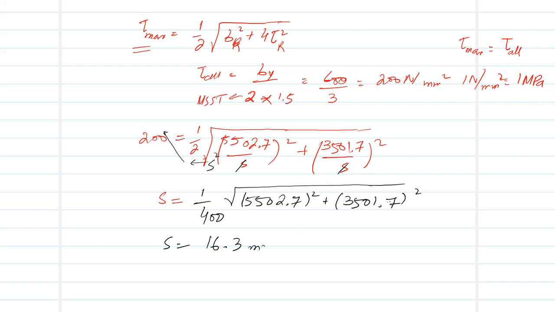This is the size of the weld, and it's a reasonable size. I don't know what the answer is in my notes, but this is a reasonable answer. Normally, the weld size ranges from 2 mm to 30-40 mm.